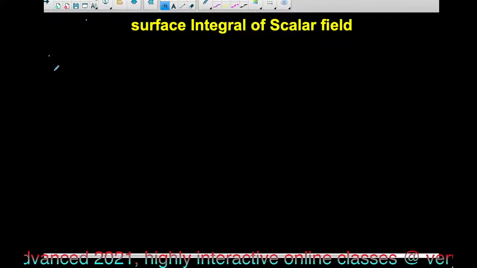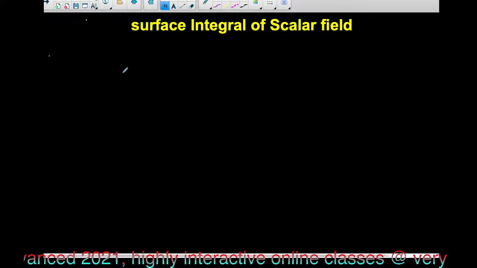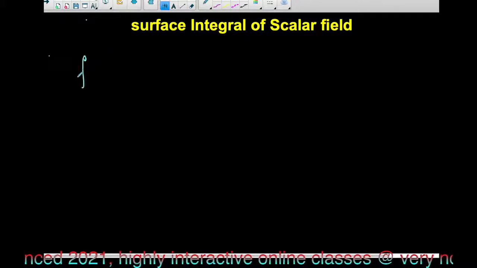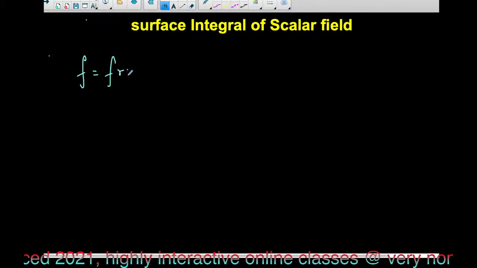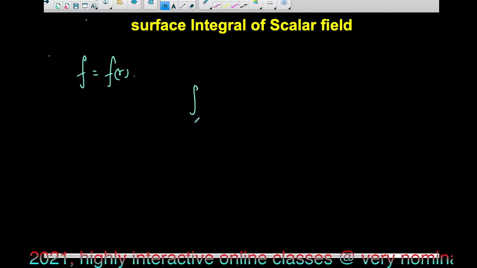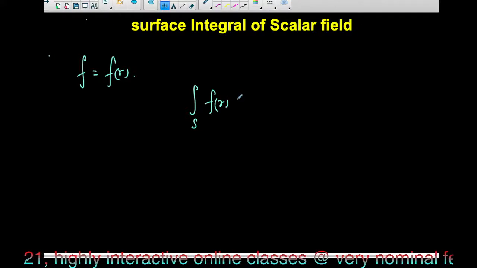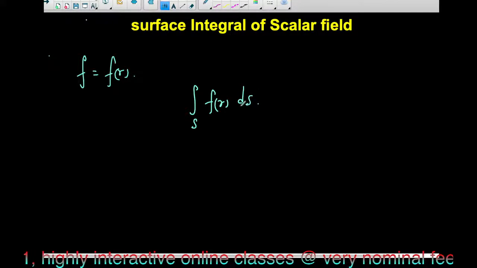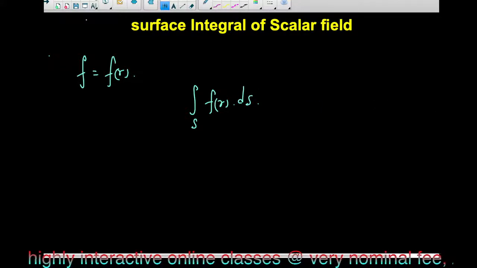Let any scalar field be defined as f is equal to f of r. So what is the surface integral? That is f of r, and here we say dS, where dS is the surface area, right?